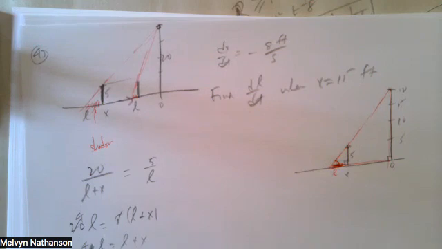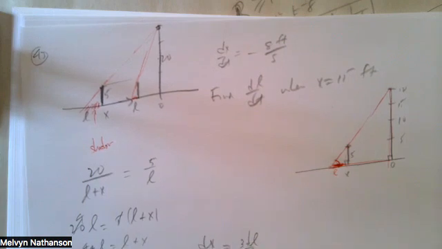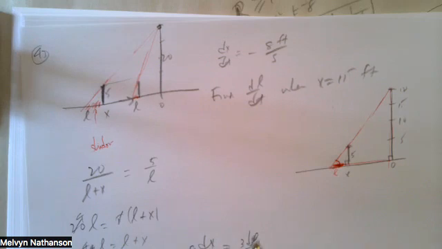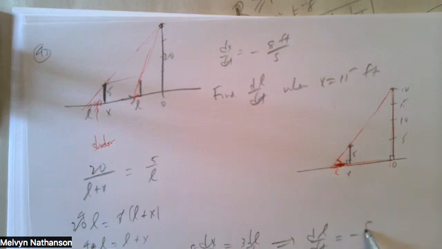This is a relationship between x and L. So dx/dt is 3 dL/dt. And we're told this woman is walking at a rate of 8 feet per second. So dx/dt is -8. So dL/dt is -8/3.